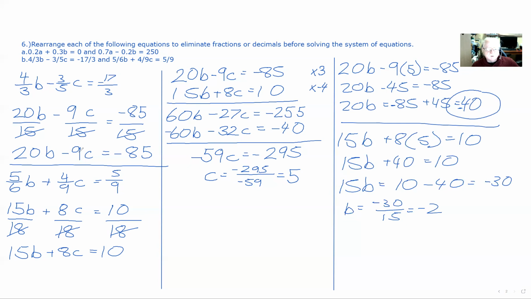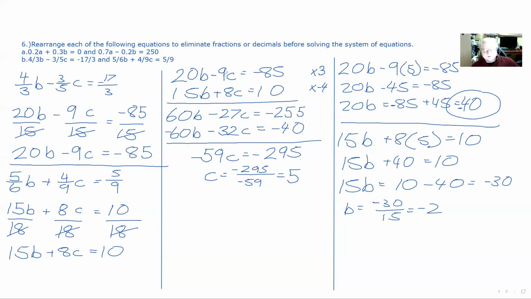Negative 20b, take away 9c is negative 85. Doesn't seem to be any problem. 20b, take away 9c equals negative 85, blah, blah, blah. Let's look at this one. 5 over 6, 15 over 18, good. 4 ninths, 8 over 18. 5 over 9, 10 over 18. Doesn't seem to be any problem. No problem with the signs.